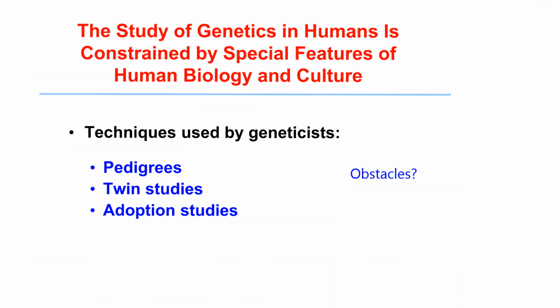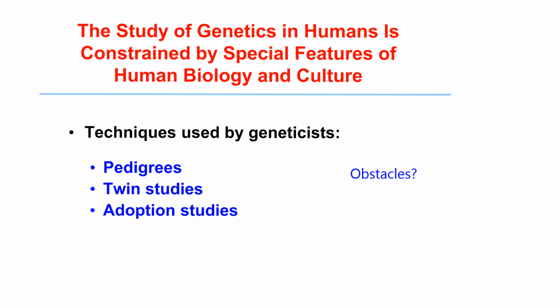We normally have children when we are 18, 20. So to get the F2 generation, it might take anywhere between 35, 40 years, even longer. It's very difficult to analyze an inheritance pattern when you can only follow the outcome after 40 years.